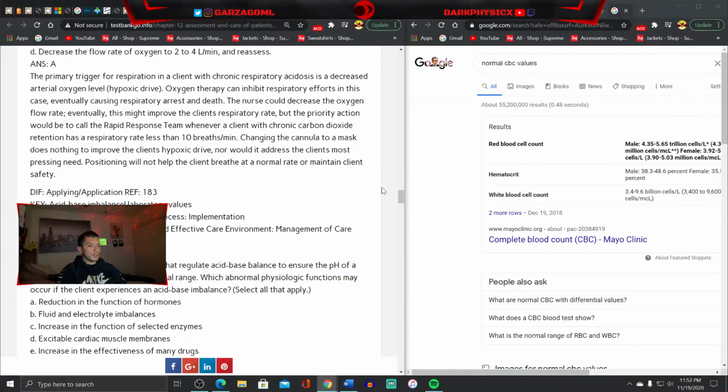Which abnormal physiologic functions may occur if the client? So I feel like drugs would decrease. Dang it, what were the answers to this? Increase in effectiveness of drugs. I mean, that might be true because if the kidneys aren't filtering too much, the drugs are going to be in your system for longer.